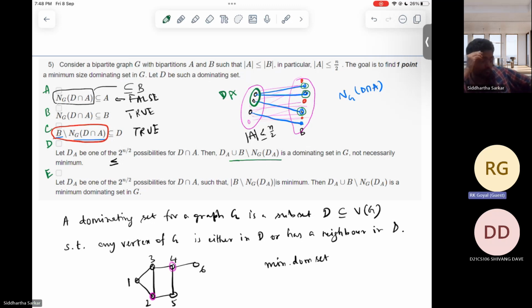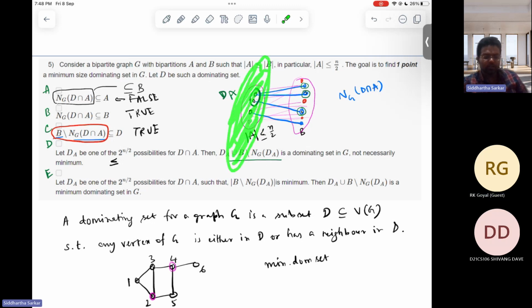Yes, you're right. If A was very large compared to B, then taking all the elements of A would not give a dominating set, because B is smaller and taking B itself would be a dominating set, where we can assume that the bipartite graph is connected.